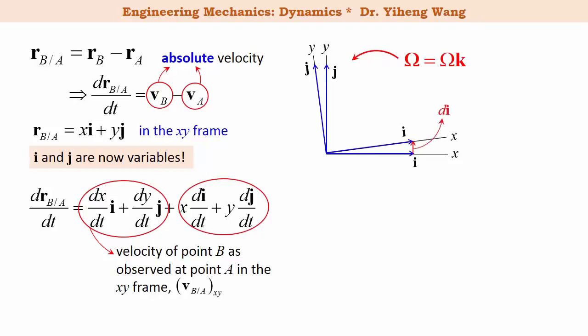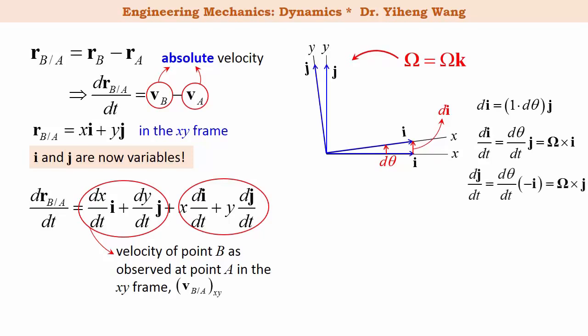Its magnitude can be approximated as the length of an arc with a central angle d theta, and its direction is represented by unit vector j from observation. Therefore, di/dt equals d theta/dt times j, and because d theta/dt is the magnitude of angular velocity omega, this term becomes the cross product of vectors omega and i, if you are familiar with the cross product rule. And we can derive dj/dt in a similar way.